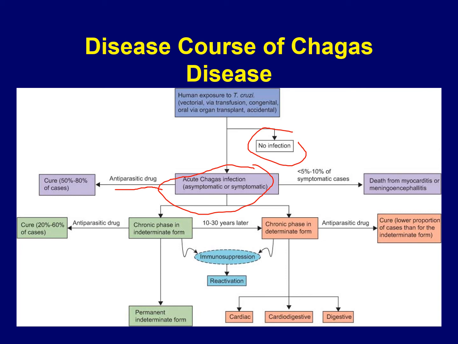But what happens with the majority of people is that after this acute Chagas infection, they go on to having chronic Chagas disease. And chronic Chagas disease can develop in either a determinate form or an indeterminate form. The determinate form is the symptomatic chronic Chagas infection, and it causes cardiac, cardiodigestive, and digestive disorders, often very, very severe.